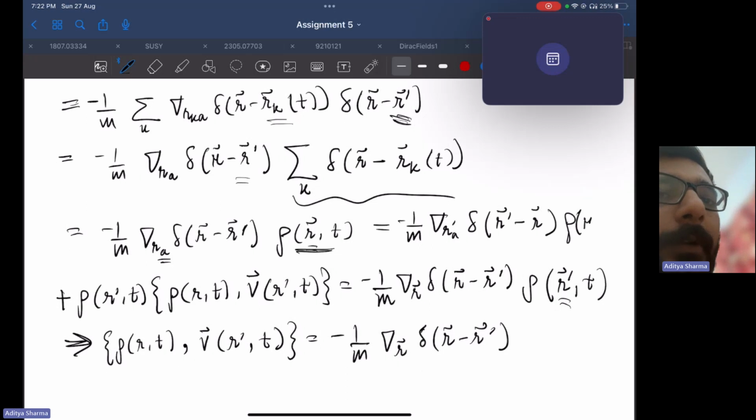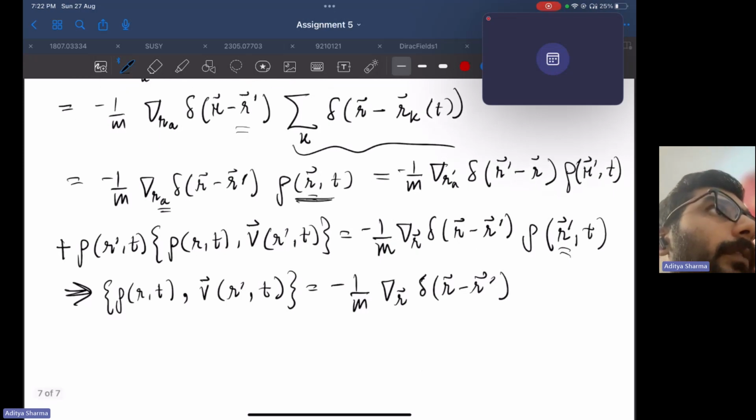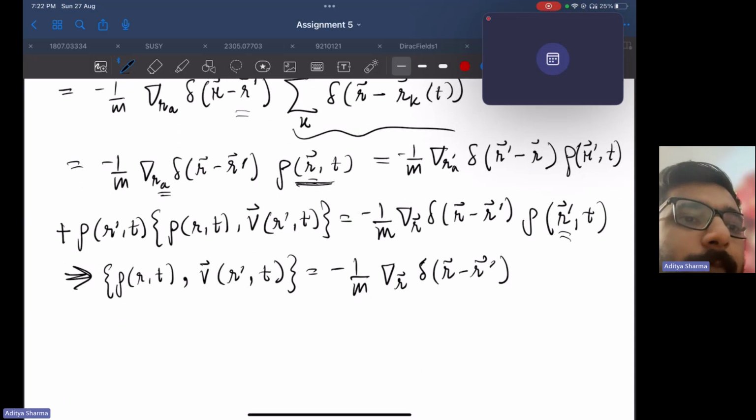Rho of R prime, T. And then I'll put this side, and then I can take this, and then I can cancel. So even if I do the differentiation with respect to R or R prime, the result here is going to be the same because this is an even function.